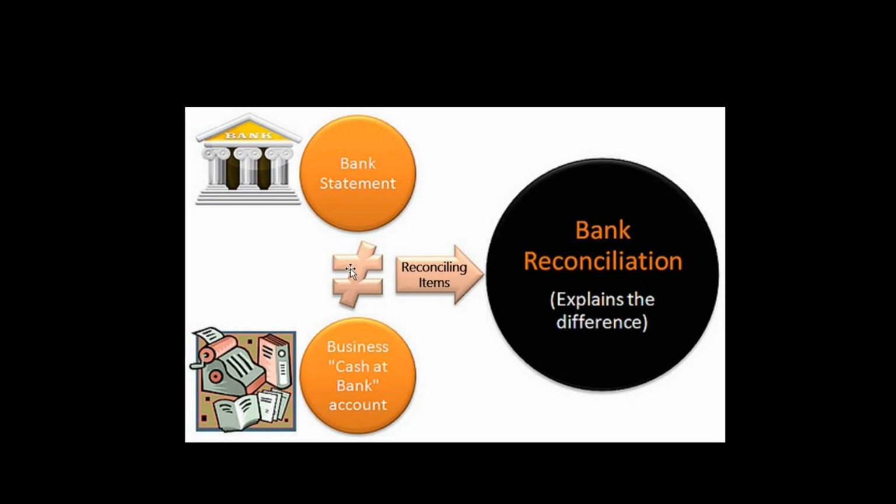So, kapag hindi equal yung balanse ng bank statement, tsaka nung cash in bank per ledger ng entity, so pag hindi equal yan, ibig sabihin, merong mga tinatawag na reconciling items. So, pag na-identify mo na yung mga reconciling items, pwede ka nang magawa ng bank reconciliation statement.